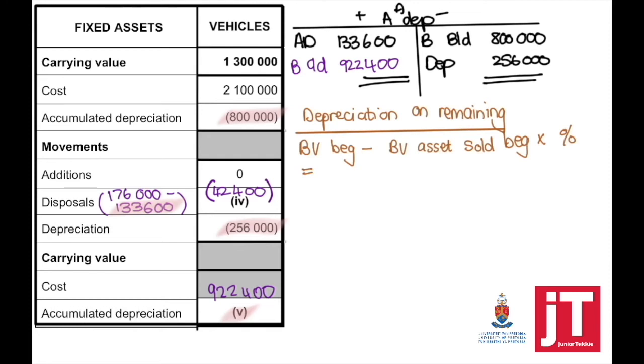The first option is we always take the book value in the beginning minus the book value on the asset which we've sold, but very important, the balance in the beginning times the percentage. So what is the book value in the beginning? It's 1,300,000 minus 48,000, and we times it by 20%.